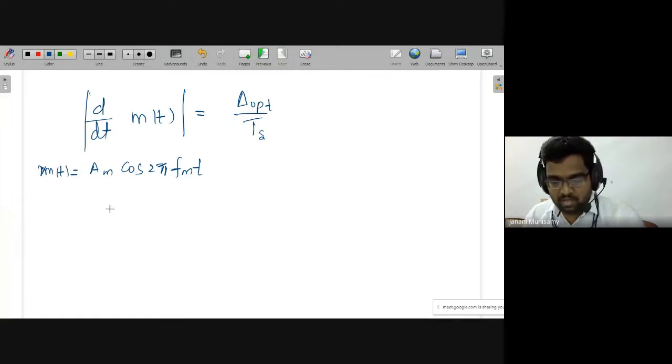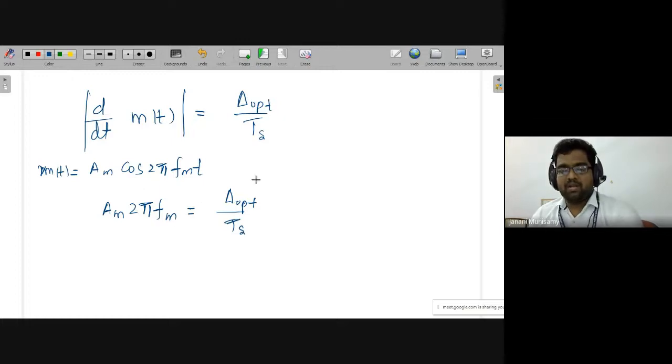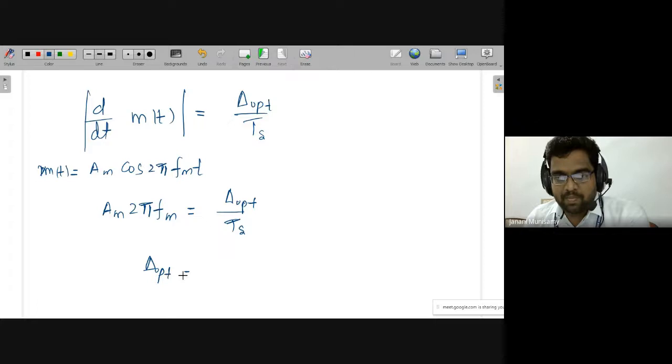Apply the differentiation, you will get Am into 2 pi fm is equal to delta optimum divided by Ts. Okay, in the problem they will mention all the parameters, then you can find out the optimum step size.